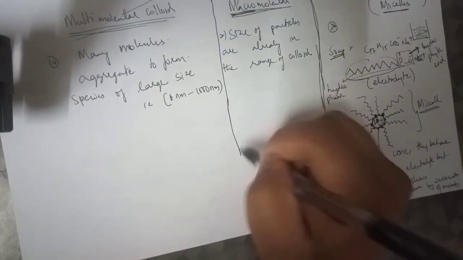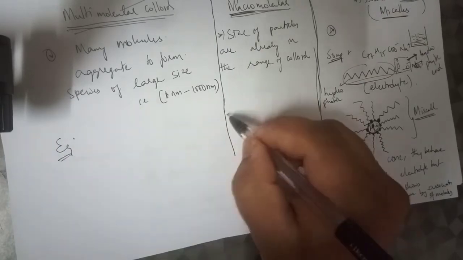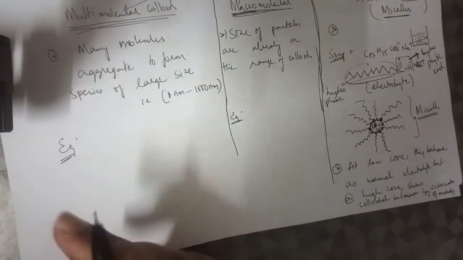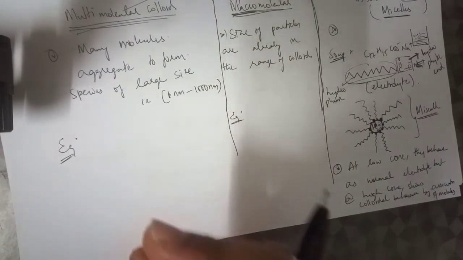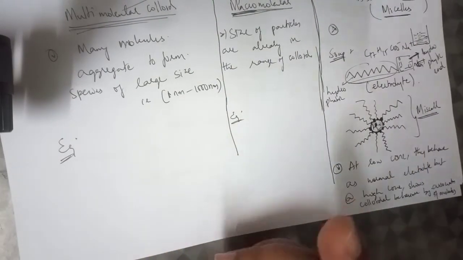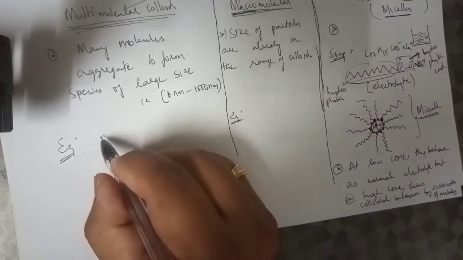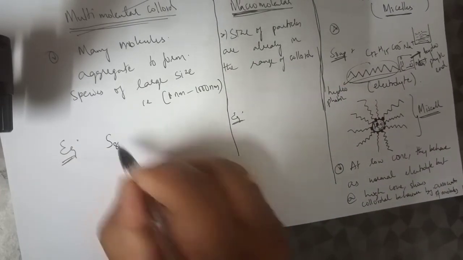Okay, so this is why this particular thing is called a micelle. Okay, so now let me give examples for multimolecular and for this also. The best example for multimolecular is gold sol or sulfur sol. In sulfur sol, we know normally the sulfur molecule is S8.